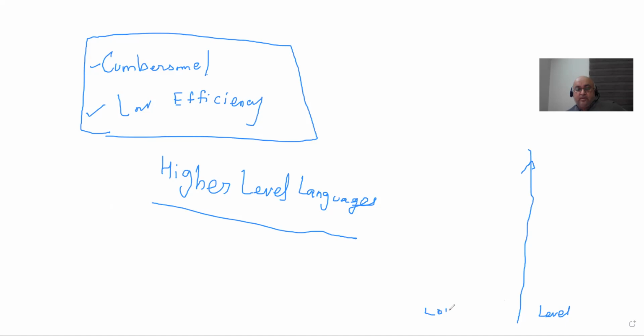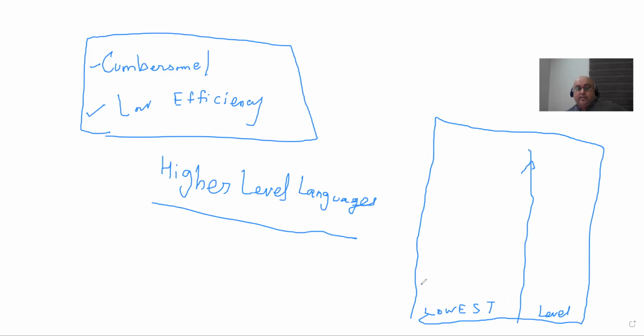This is low level, lowest, and we keep on moving up in the level chain, let's say. So this lowest level is the level that is native to the machine, right? That would be what a processor natively understands. That is the machine language. You can't go any lower than that. That is the lowest level of a computer language.